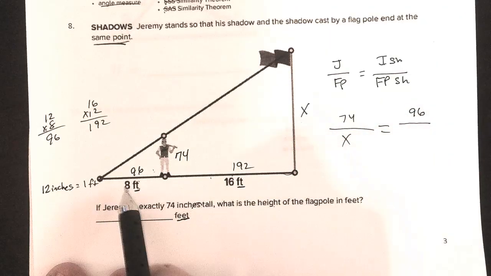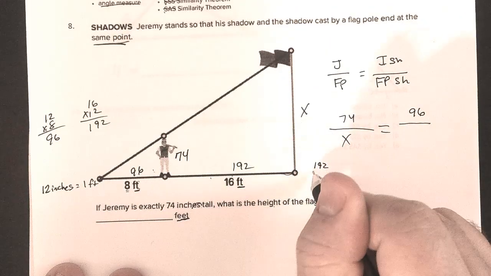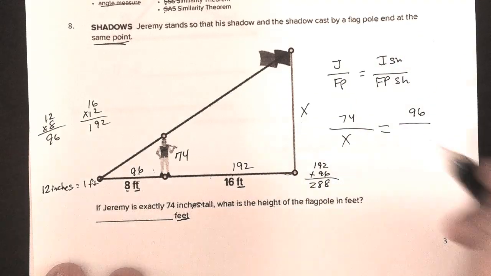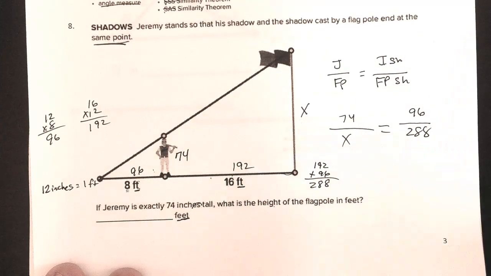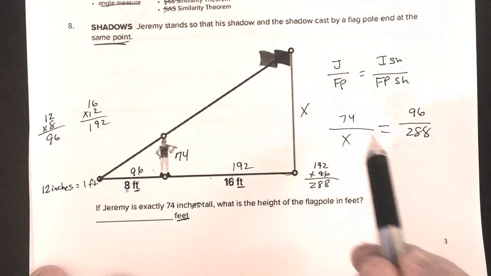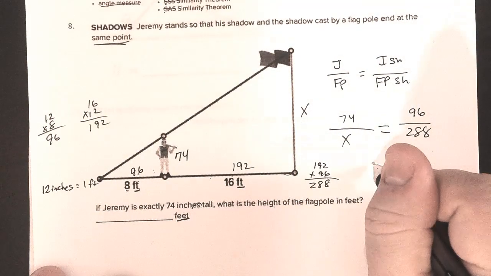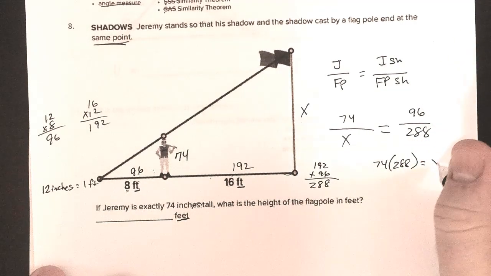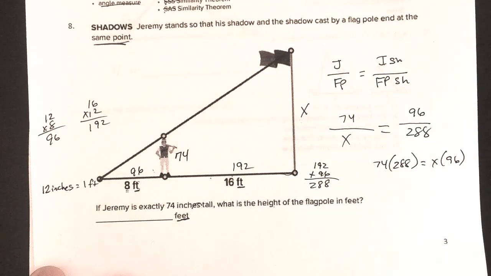So we're adding these two segments: 192 plus 96 equals 288. Now we're ready to butterfly or cross multiply, whichever you like. On one side, we'll have 74 times 288, and on the other side, X times 96.